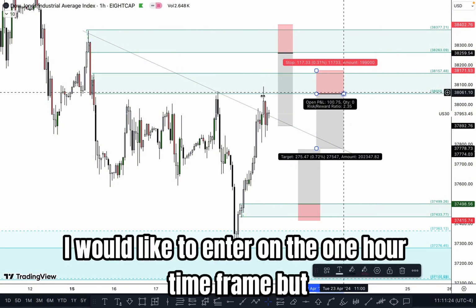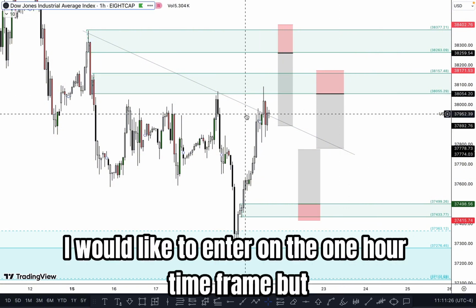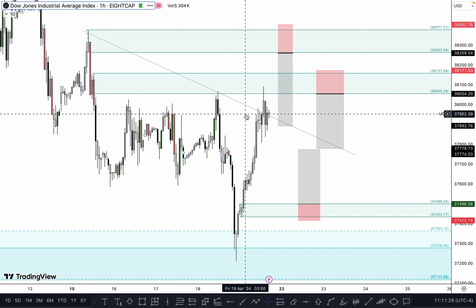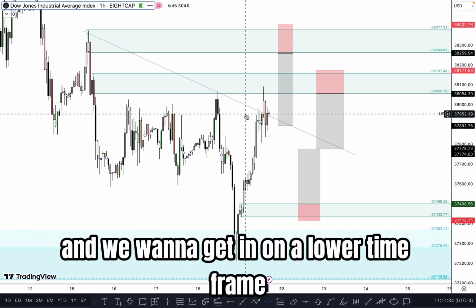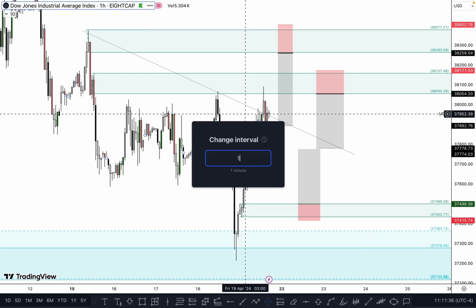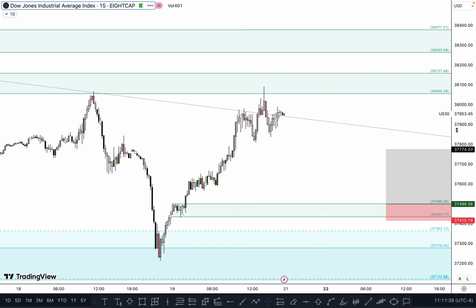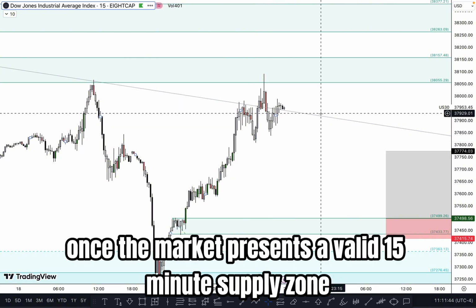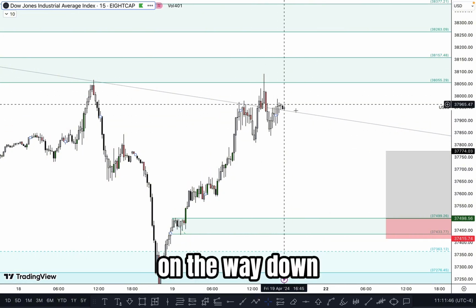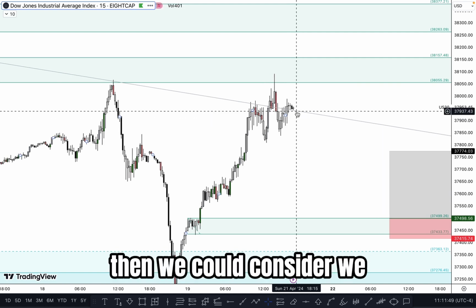Usually I would like to enter on the 1-hour time frame, but let's say the market already reacted and we want to get in on a lower time frame, we could look to the 15-minute. So once the market presents a valid 15-minute supply zone on the way down, then we could consider it.